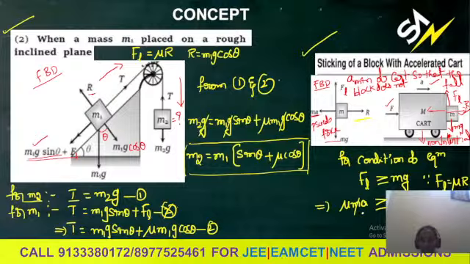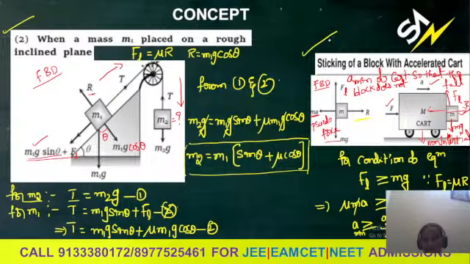So the acceleration of the cart should be greater. The minimum acceleration is g by mu. So now you can say this is the condition when the block does not fall from the surface.